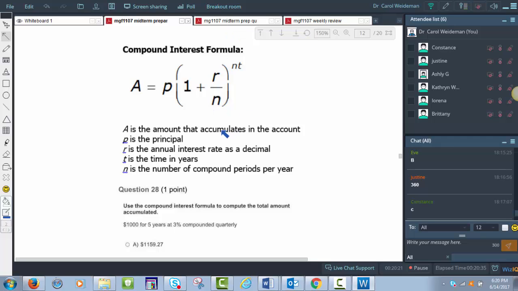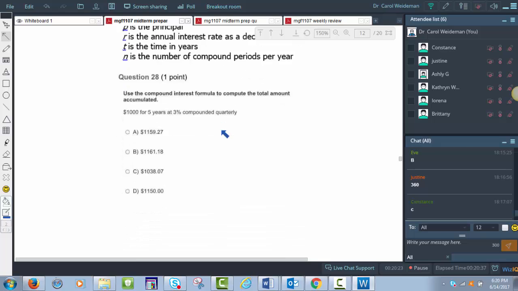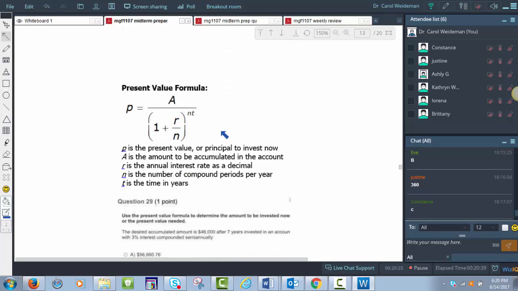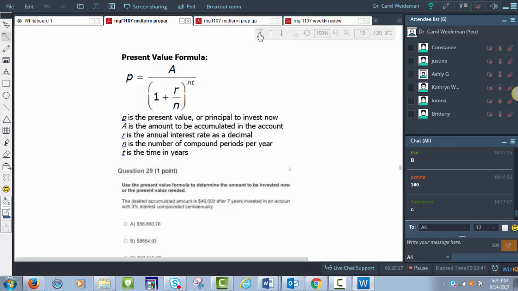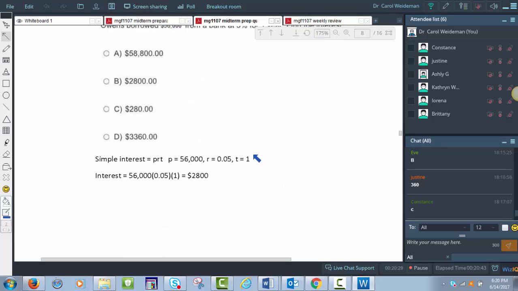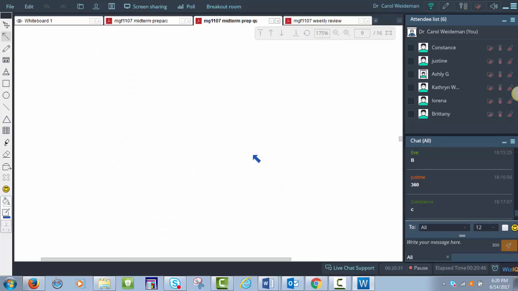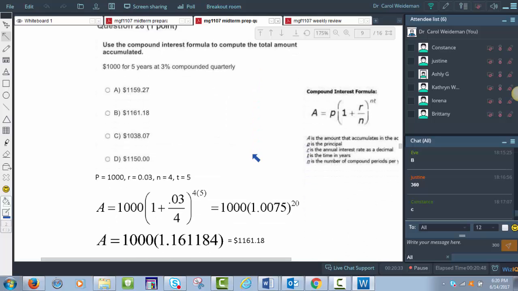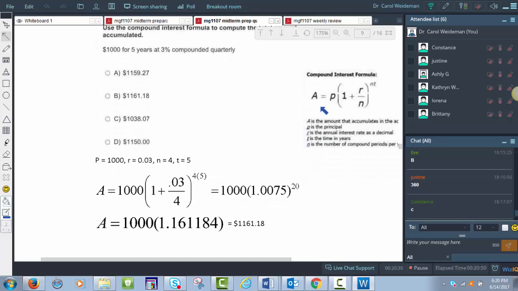So let's jump over. Oops, sorry, not on the right one. Here we go. Okay, so here's my formula. My interest rate was 3%. I put that here over the 4, and then 4 times 5.